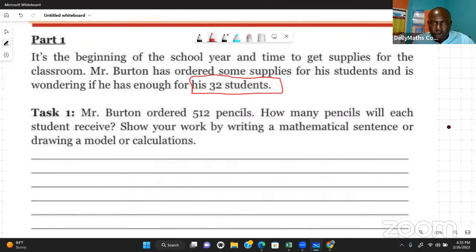However, how many pencils will each student receive? Right? Show your working by writing a mathematical sentence or drawing a model or calculation. So in whichever way suits you best, they are saying, listen, should you show us. So the main thing here, it says how many pencils will each student receive. So you're talking about total pencils that he has.